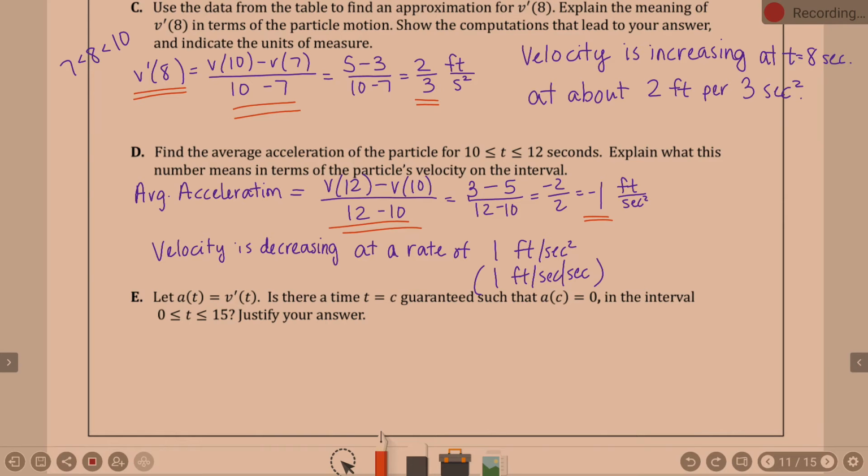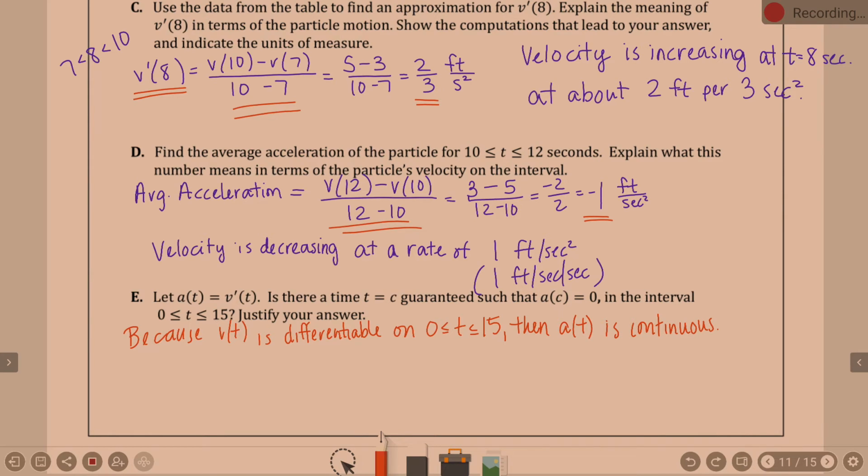Okay. So, because v of t is differentiable on 0 to 15, then A of t is continuous.